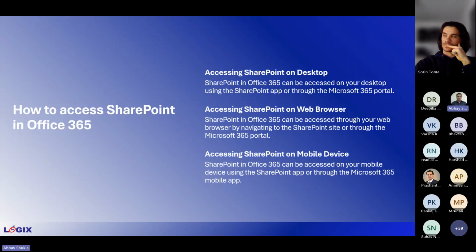So I'll come back to the scenario of how to access SharePoint in Office 365. I'll just repeat the same thing again, only as a small extension of what we just explained. SharePoint can be accessed on desktop. As I mentioned earlier, you can have a SharePoint app or you can have the Office 365 portal. Also, SharePoint can be accessed directly from a web browser because once you publish, your applications are web enabled.